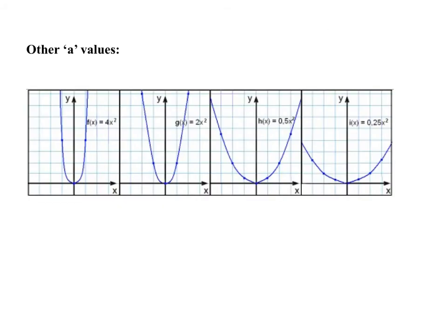So when a is different, you notice the changes. When the a value is greater than 1, like 4 or 2, the parabola is much more skinny than the parent parabola, whereas an a value like 0.5 or 0.25 widens the steps when we're graphing the parabola.